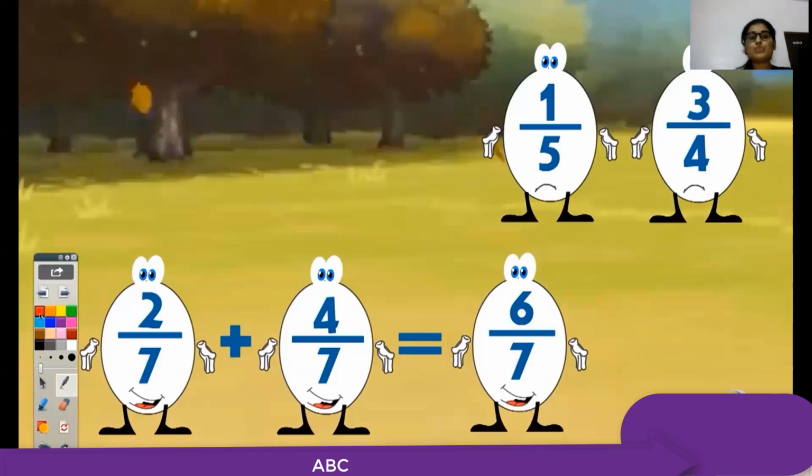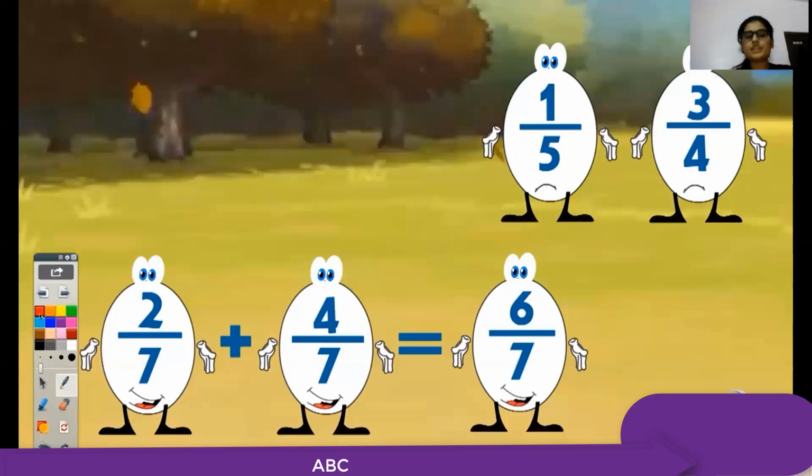But if I ask you about 2 by 7 and 6 by 7, yes, these two are called like fractions because the denominator is the same, 7. So if I ask you, among 2 by 7, 4 by 7 and 6 by 7, which fraction is greatest? Yes, the fraction 6 by 7 is greatest. Why?